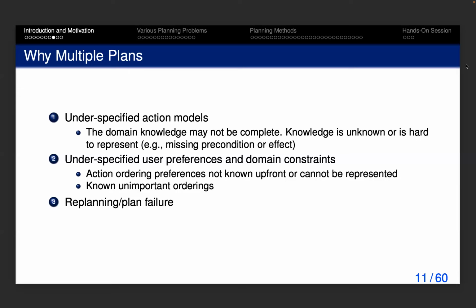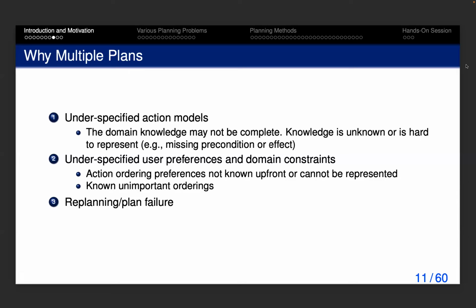So you have users, but they may not necessarily represent all the constraints to us ahead of time. There could be orderings between actions that are important, and there could be orderings between actions that are actually not as important. So just giving examples: let's say in OpenStack, you have to make products, and there may be priorities over these products. Think about Amazon, there are some customers that will get them faster or not.